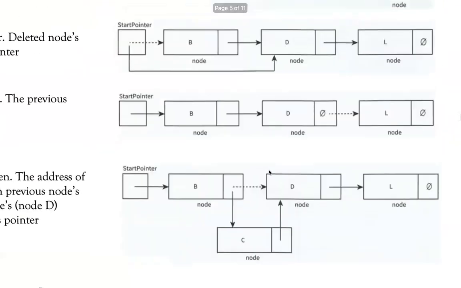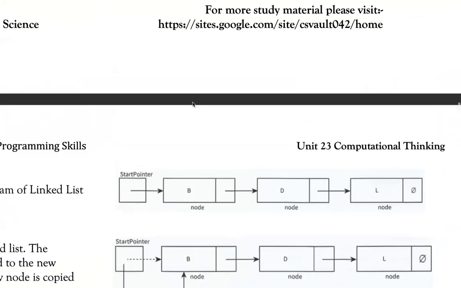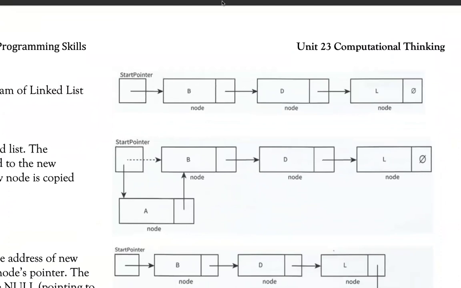So let's just say I add a new node at the start here. What that should mean is that I am adding a new node right about here. This is my new node right here. Let's just say the contents of that node is A, because of which it should belong at the start.